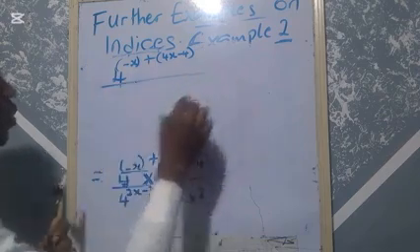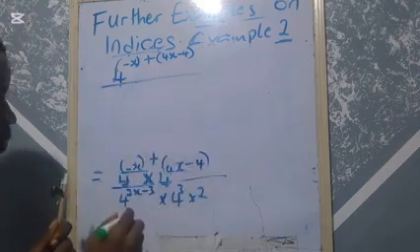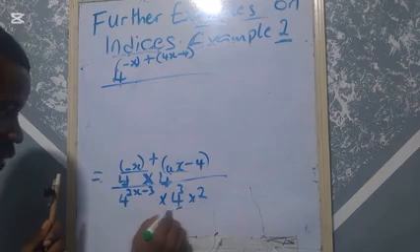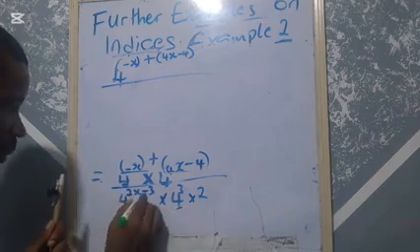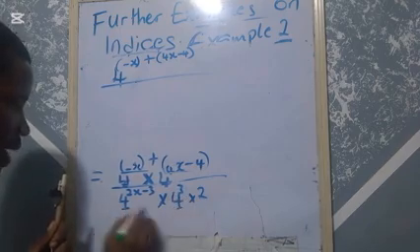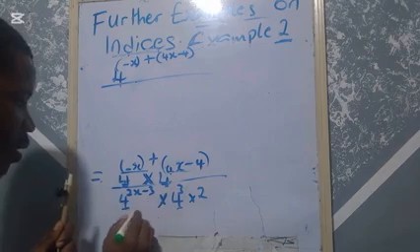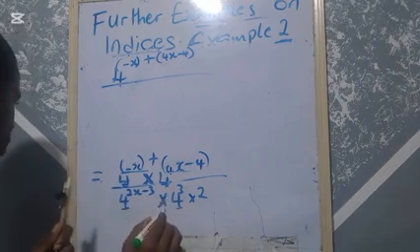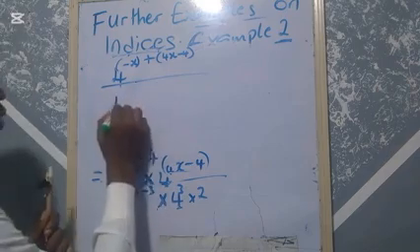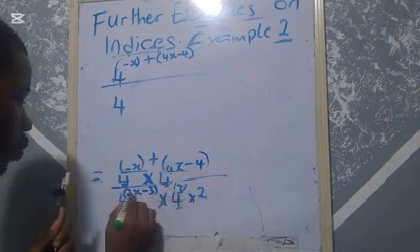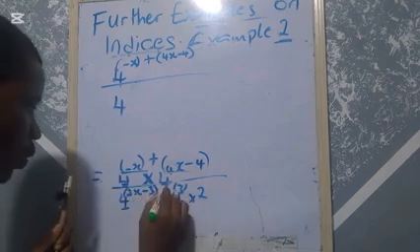What about the denominator? This and this, I'm talking about only this one and this one. This is 4 raised to power 2x minus 3 times 4 raised to power 3. So these bases are the same, but the powers are different. Since the bases are the same, and this is multiplication, what do I do? Applying multiplication law of indices, I pick one of the 4, then I add this power, that is 2x minus 3, the whole of this power, plus this 3.